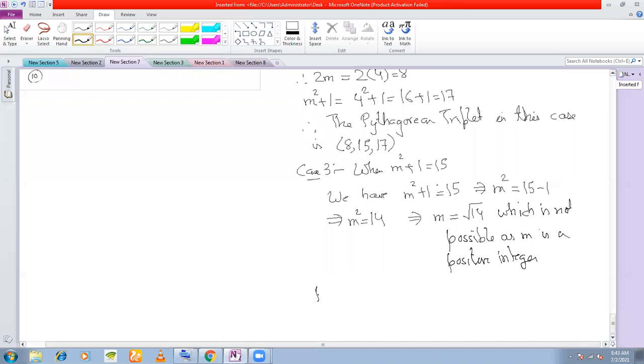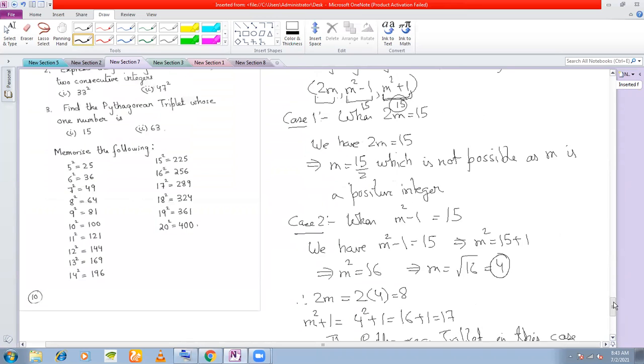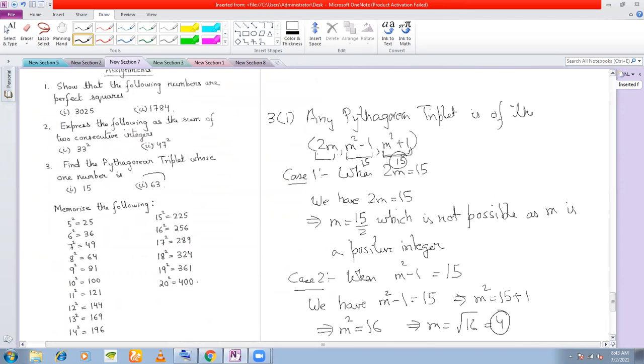Hence, what is the required triplet here? Sir, 8, 15, 17. Yes. Required triplet is 8, 15, 17. That is the only triplet you are getting. Okay, so that is what. I am sure you can do 63 on your own in an exactly similar manner. Okay. Yes, sir. I'll stop here.